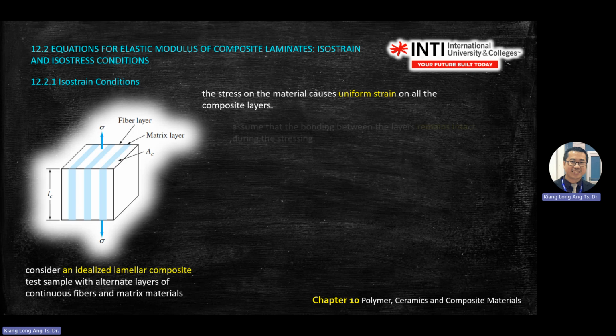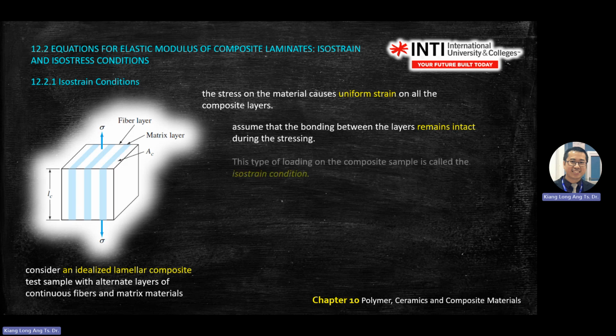Assume the bonding remains intact, meaning you have a very strong glue, strong interaction. So this is called the isostrain condition because it's bonded to each other and you pull in the same direction. Then you will pull at the same elongation. Strain is always linked with elongation. Okay.